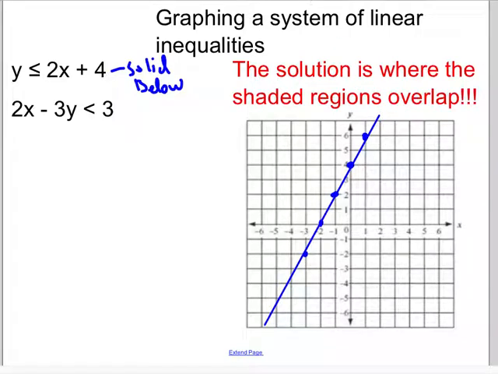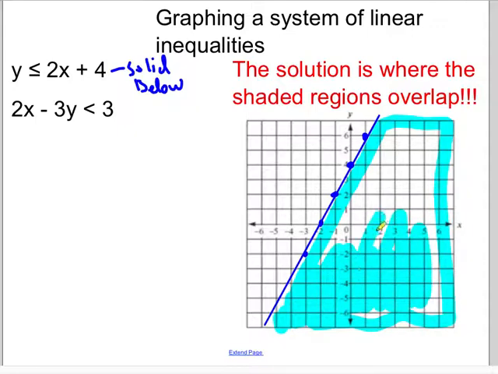There's my line, solid line again because it's less than or equal to. And I'm going to shade now below my line, and I'll use blue for that. Any point below represents a solution to that top inequality.